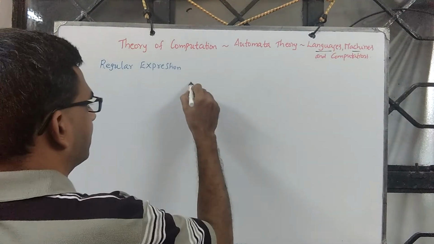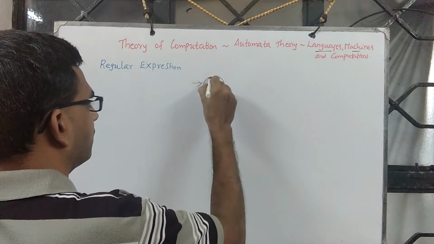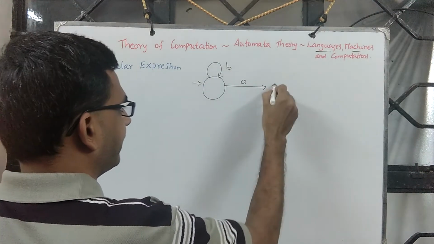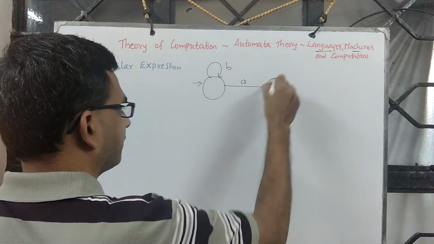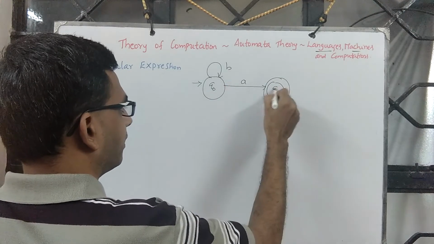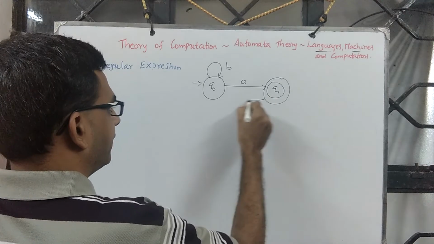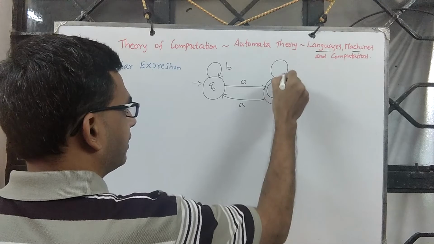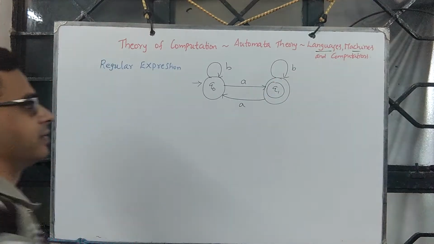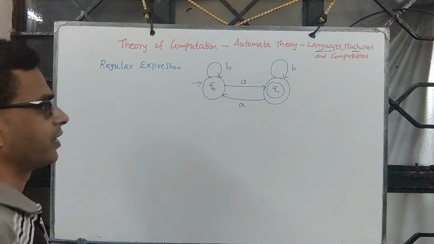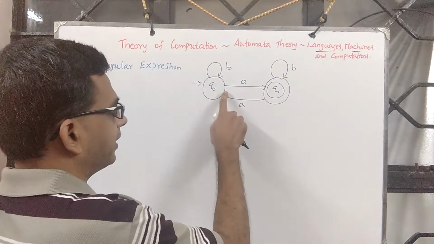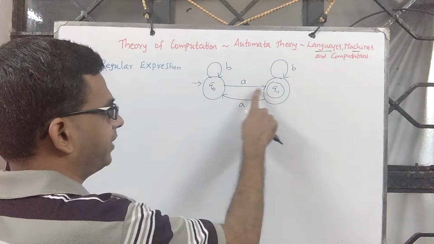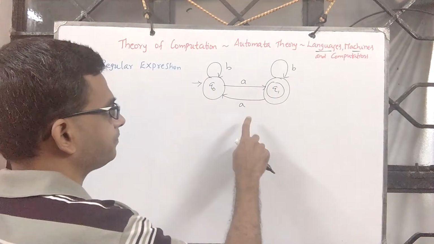Consider this automaton. When it reads a single a, it reaches a final state. And when it reads another a, it comes back and ensures that one more a is read. In between, it can read b's. This we have seen before. It accepts just a, or a sequence of b's followed by a followed by a sequence of b's.